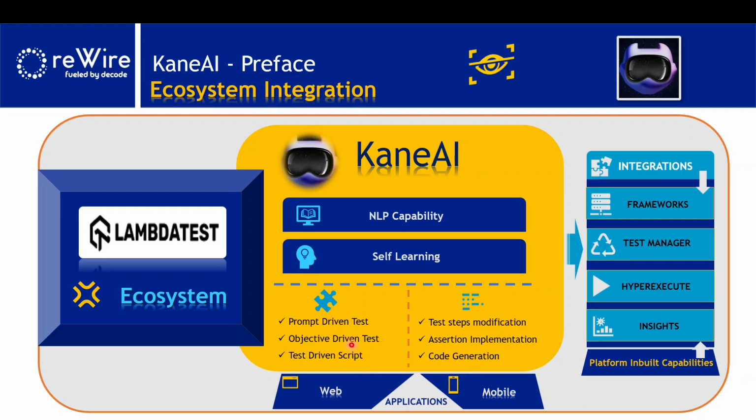Prompt driven means we just give a command, say, launch the application, that is one step, and enter the values, that is another step. The AI system waits for your commands, accepts them, generates, and gives a live preview of the application and test.